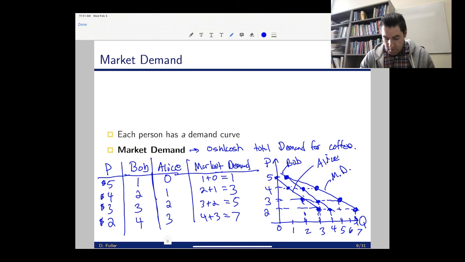So market demand is just adding up the individual demand curves. You'll notice on the homework questions there's a very similar table where you have individual demands and market demand, and you need to figure out one of the missing pieces. This is the basic idea. In order to do that, they always have to add up in this particular way.